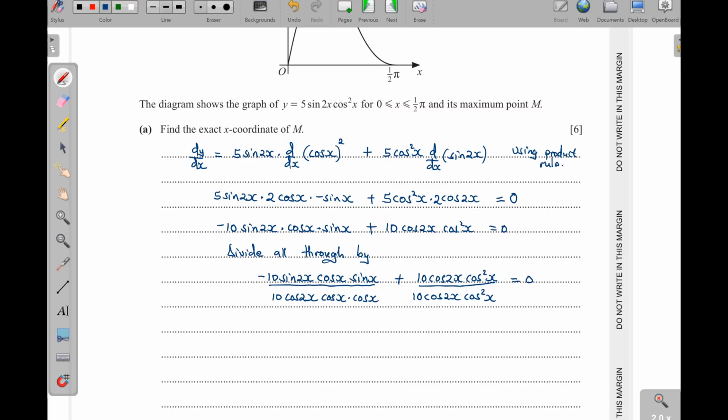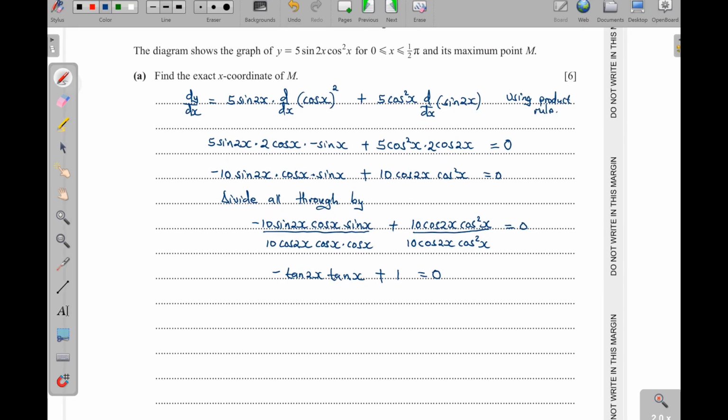Now, here we are getting negative tan 2x. That is coming from here. Okay. Then this cos goes. Then here we are having a tan x. And then here, of course, it is a 1, which is equal to what? To 0. Now, if I take this one this side, we shall have 1, which is equal to tan 2x tan x. 1 is equal to tan 2x is 2 tan x out of 1 minus tan squared x.